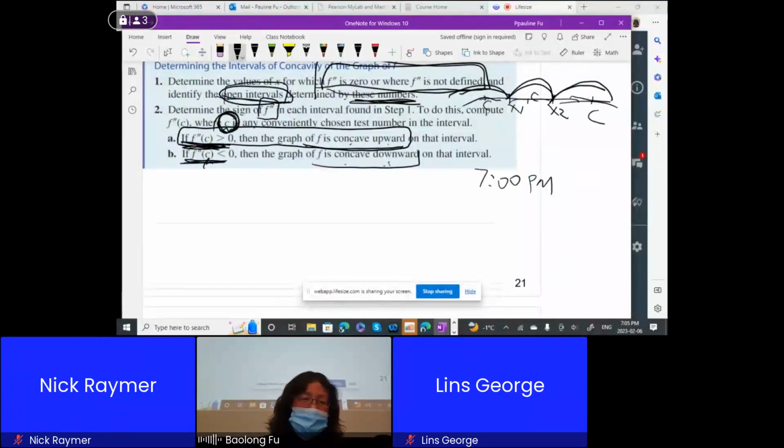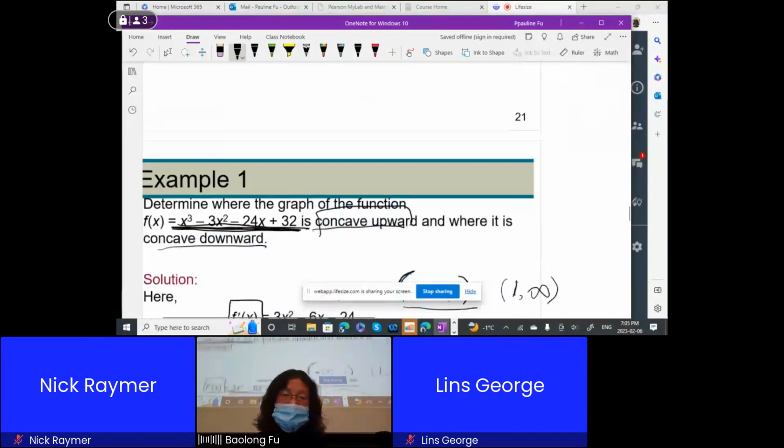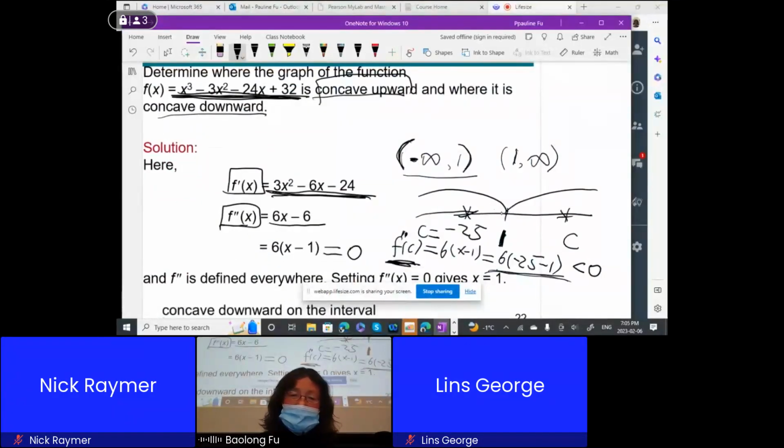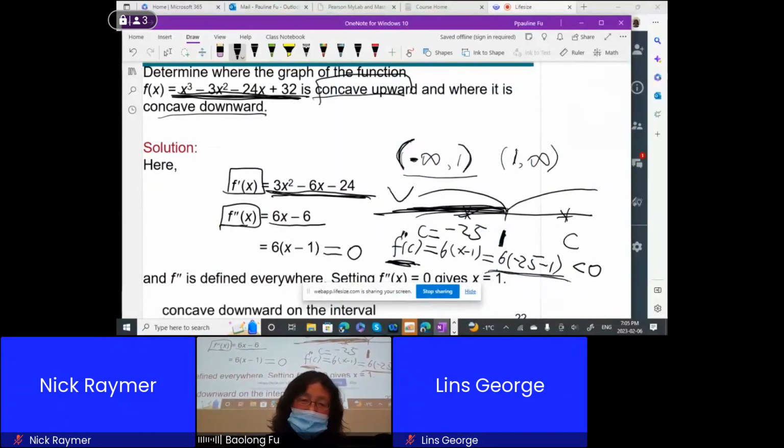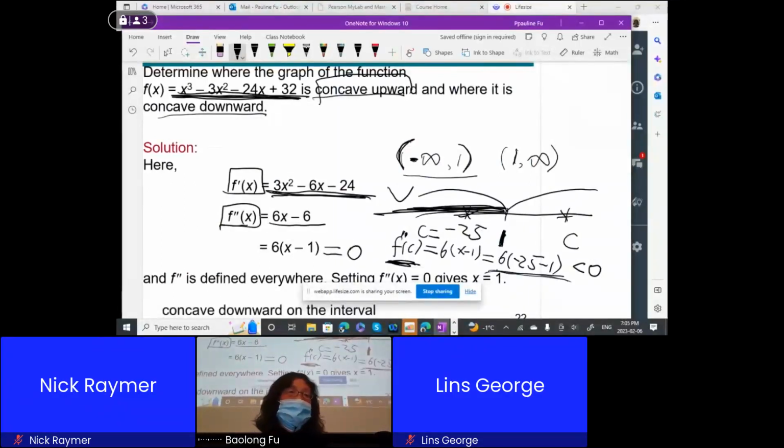Concave down. Any questions? From negative infinity to 1, it is concave down.